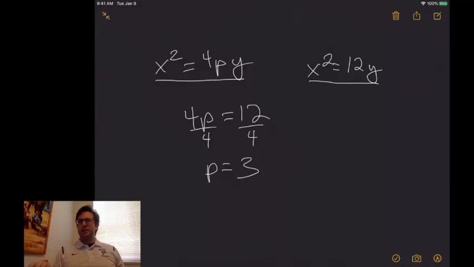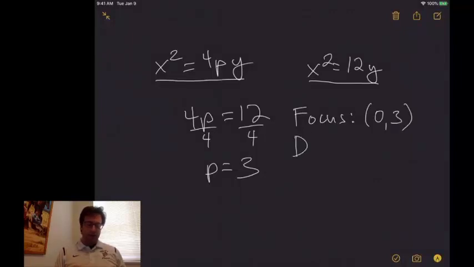So once you identify what that value is, what is p, now I know exactly where the focus is. The focus is at the coordinate (0, p), so it's at the coordinate (0, 3), because that's what p equals.